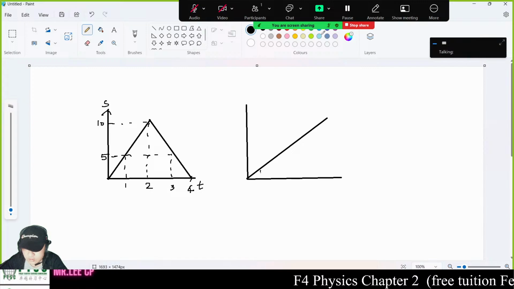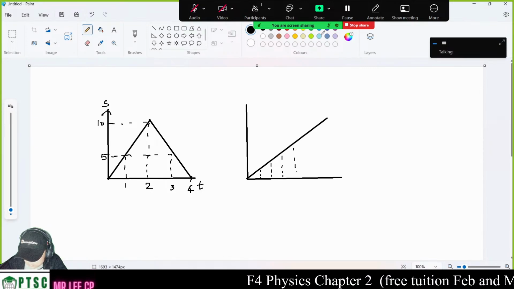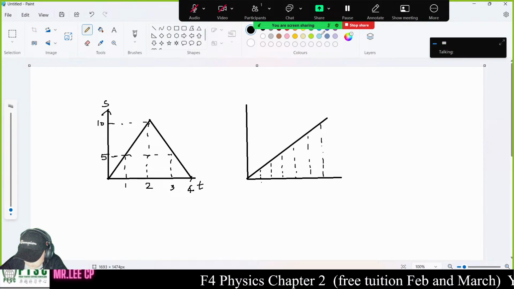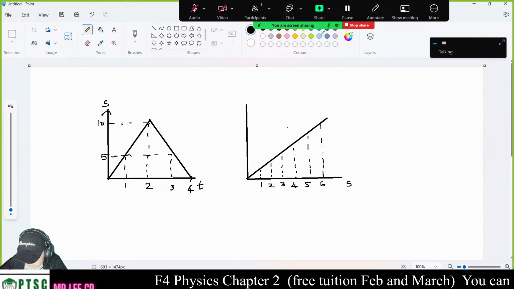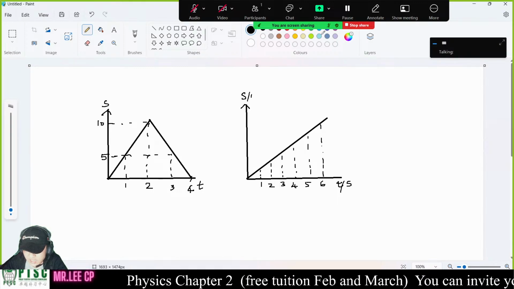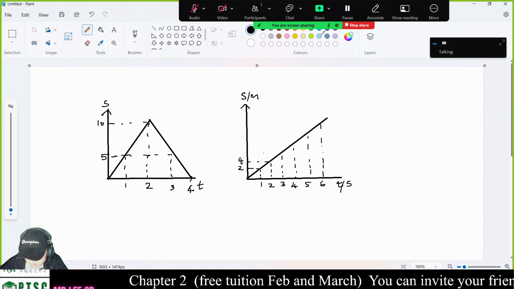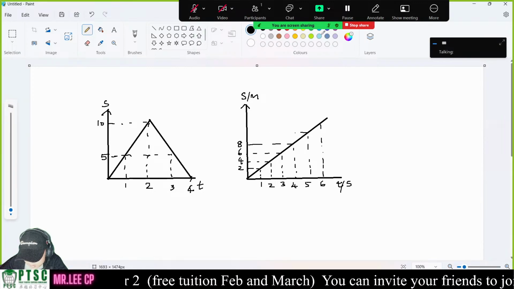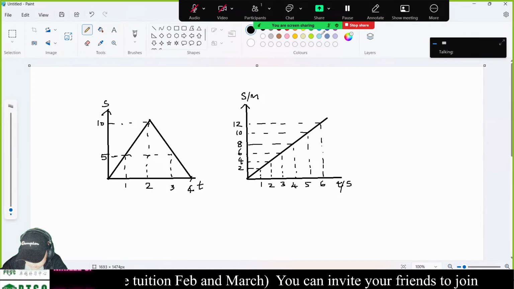Here, 1, 2, 3, 4, 5, 6 seconds of time. And this one is displacement in meters: 2 meter, 4 meter, 6 meter, 8 meter, 10, and then 12.